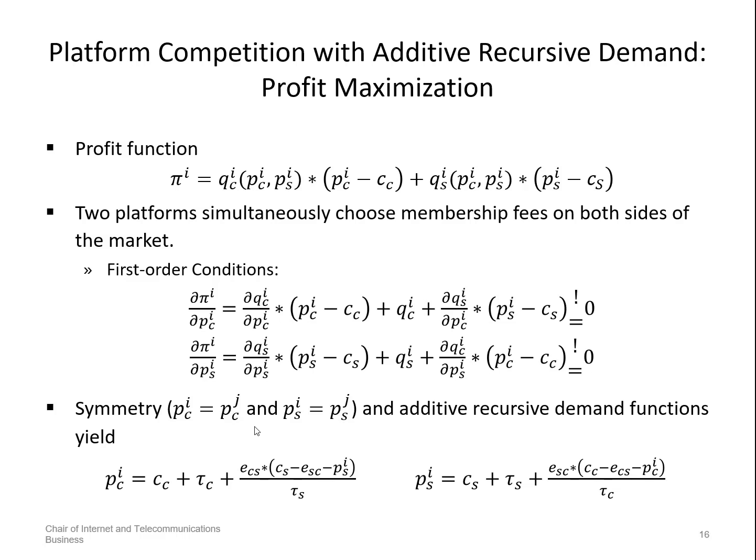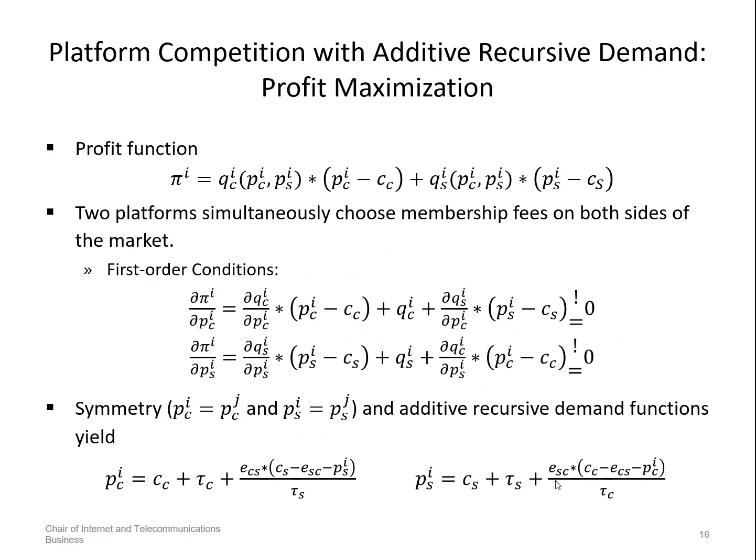Further, after taking the first order conditions, we can impose symmetry because we know the platforms are ex-ante symmetric. Then the prices of the two platforms are going to be the same on the consumer side and on the seller side. We get the price of platform i as a function of how much it charges the sellers, and similarly for sellers as a function of how much it charges consumers.